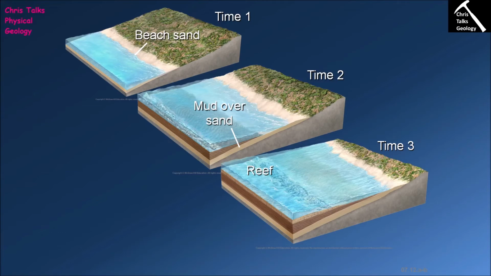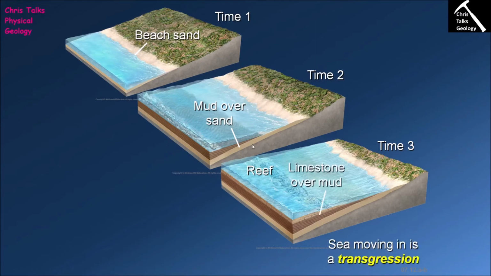And so this is a relatively straightforward process, and this process is actually referred to as a marine transgression, and it happens a lot in the geologic record. The Earth's sea level is constantly going up and down, and so when the global sea level rises, it's going to cause a transgression.